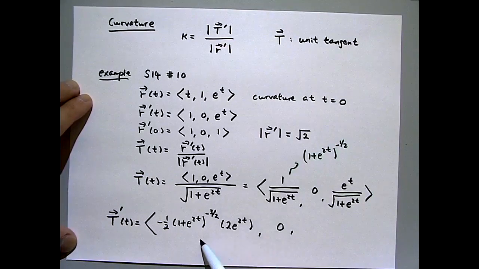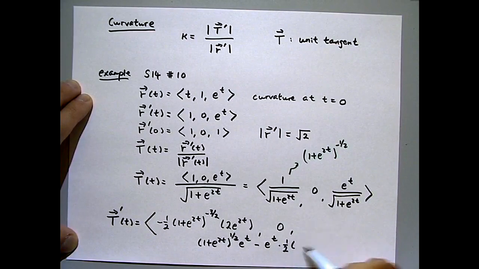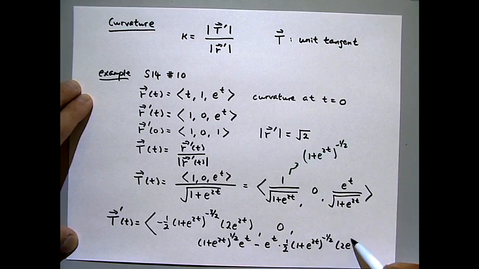Quotient rule. So we got 1 plus e to the 2t to the 1/2 times the derivative of e to the t, minus e to the t times derivative of radical 1 plus e to the 2t, all over this thing squared.